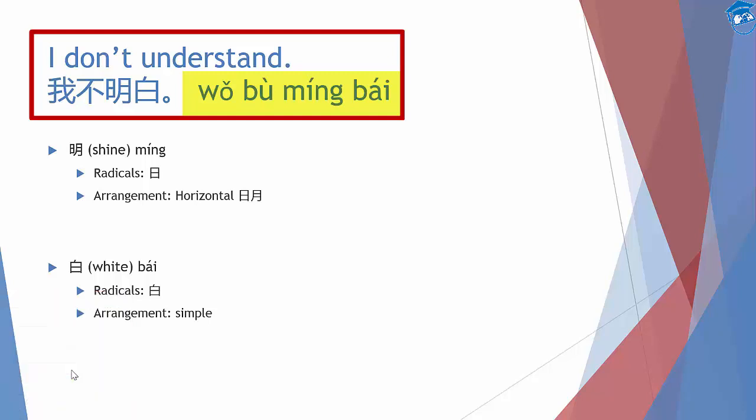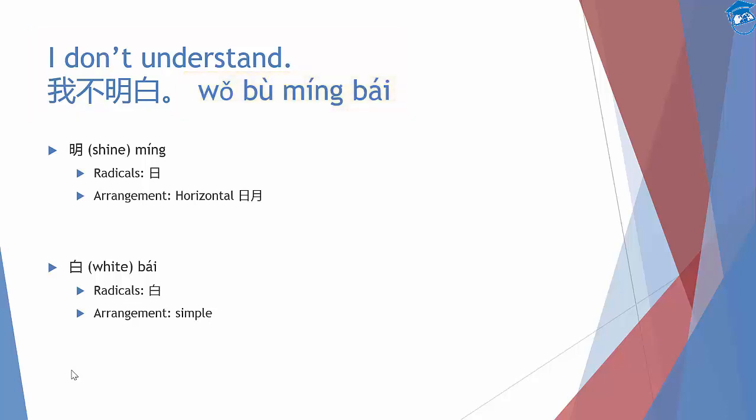You can see that each individual word has an individual meaning, but only when combined does it mean something. In this case, Ming and Bai have two different meanings when separated, but only when combined as Ming Bai does it mean understand.